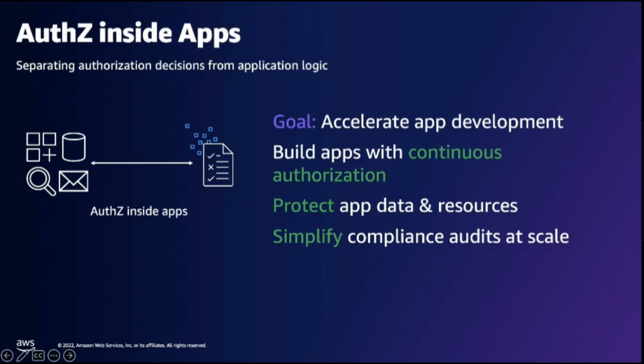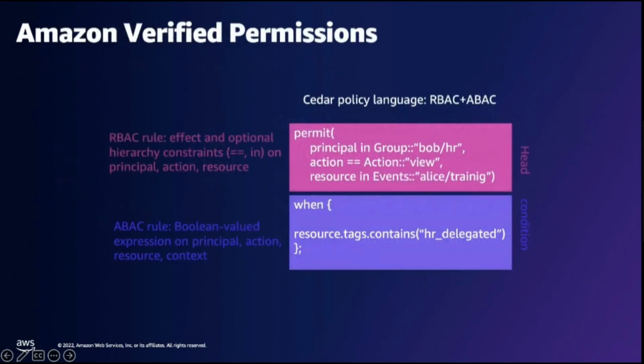But there's still a part that remained with the application, and that was authorization. That is one of the things we've picked up from customers, that they would like a way to decouple that. If you look at where we are right now, with modern applications, we build microservices, we build serverless applications, and these modern applications are very decoupled. And to solve that problem, where authorization still happens at app level, we launched a service called Amazon Verified Permissions.